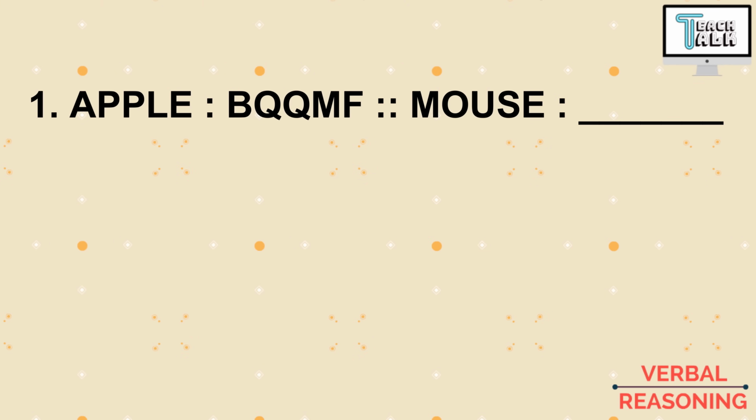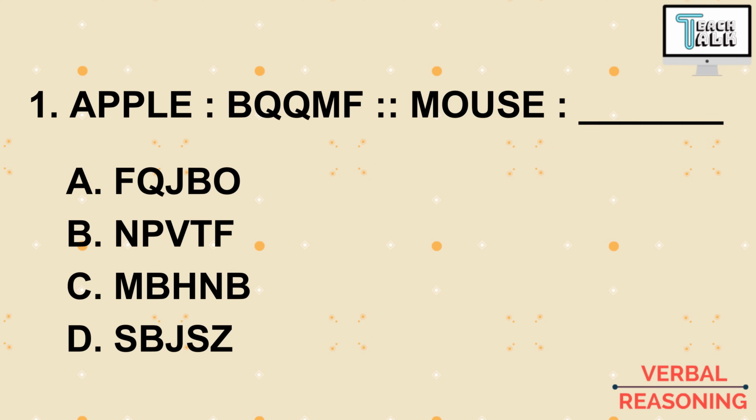Number 1. If apple is to BQQMF, then mouse is to blank. A. FQJBO, B. NPVTF, C. MBHNB, D. SBJSZ.